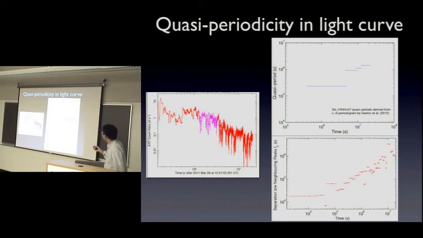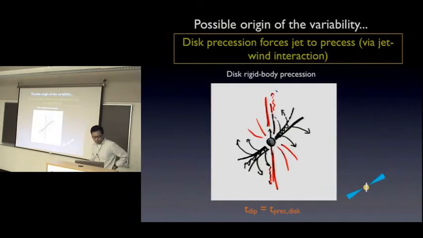We find the quasi-period is increasing with time. The bottom panel is the separation timescale, the separation between 2 neighboring dips. You find the separation between the dips is also increasing with time. So here's our idea for the possible origin of those dips.